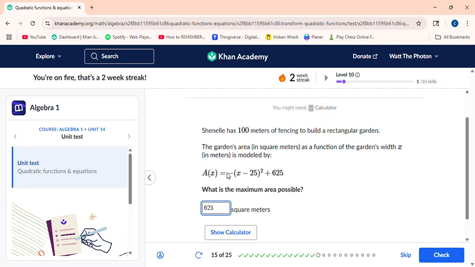It must be right, because this is squared, so you're going to have a positive number, and then that becomes negative.